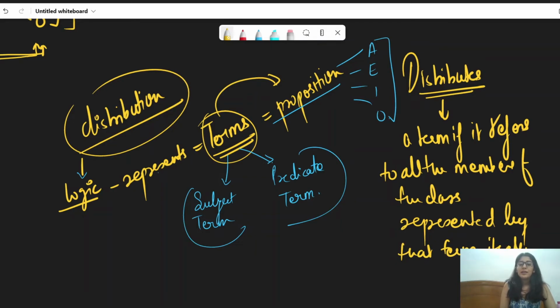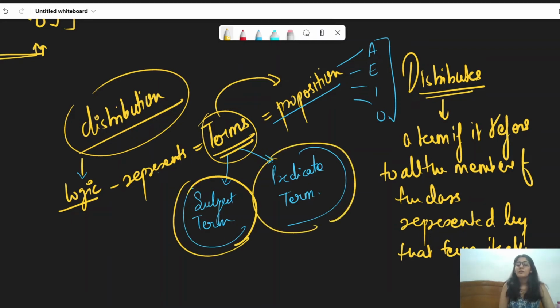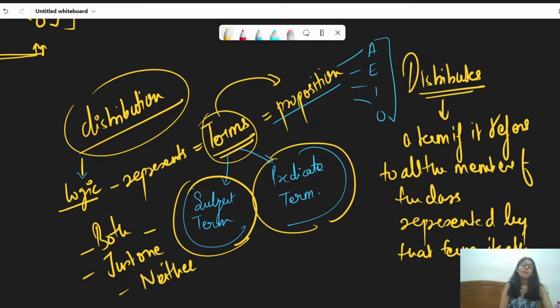So we are going to understand whether there is going to be distribution of the subject term, or of the predicate term, or both, or just one, or neither. Is this clear? These are the possible combinations that we'll be studying in a detailed manner, again pertaining to these four categorical propositions.